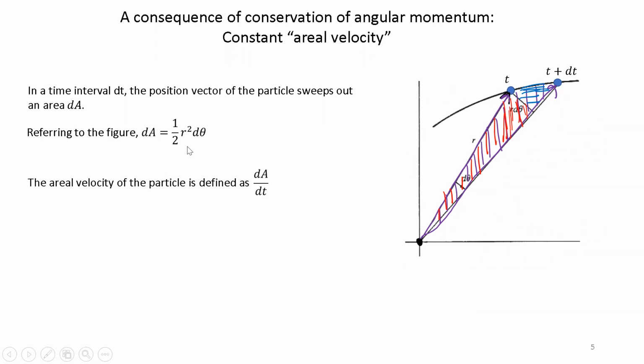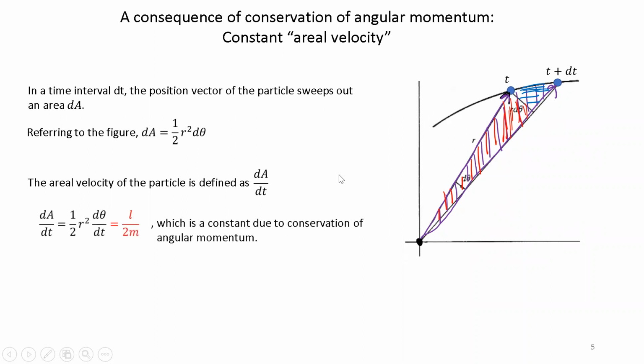Now I'm going to define something known as the areal velocity of the particle. It's given by dA dt, which is the area that is swept out per unit time. And this dA dt would be given by 1/2 r squared d theta dt.